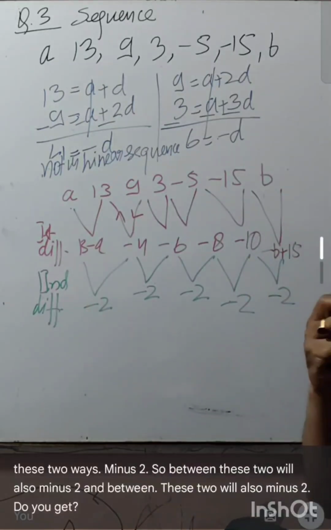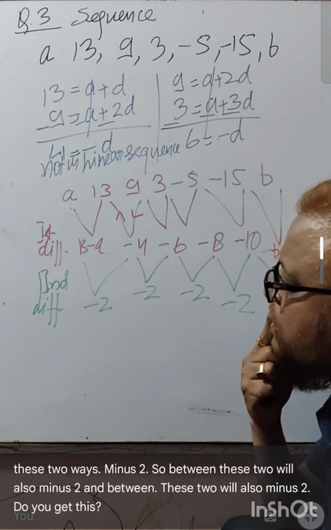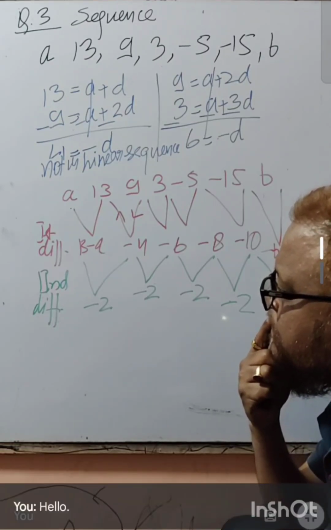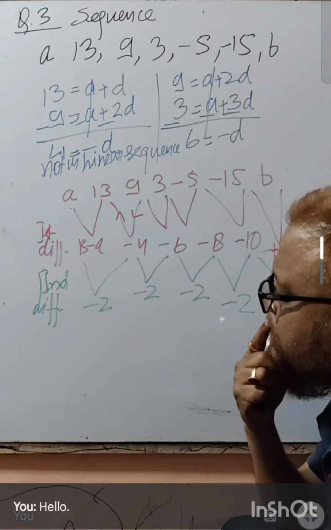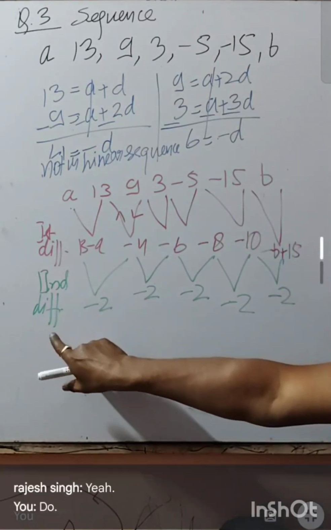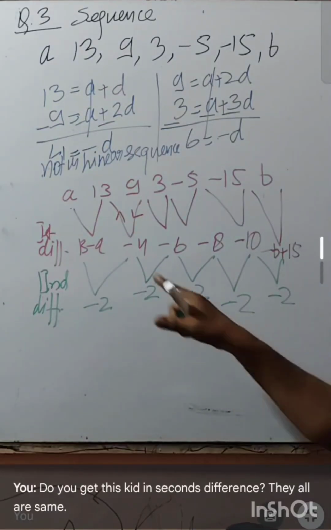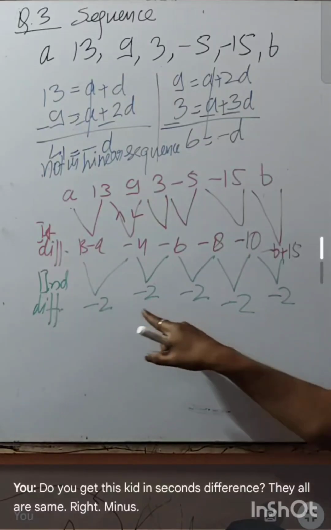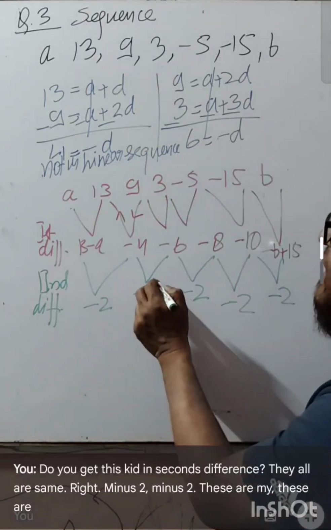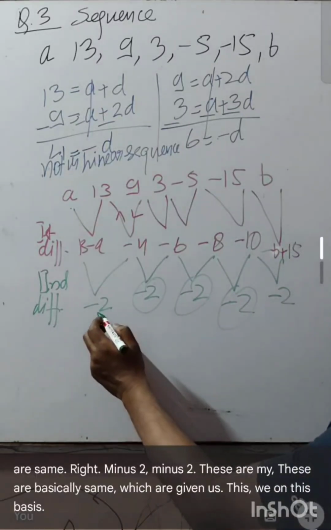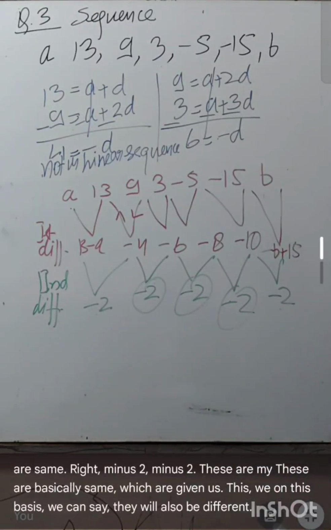Do you get this? In second difference, they all are the same, right? -2, -2. These are basically the same, which are given to us. On this basis we can say they will also have a difference of -2, right?